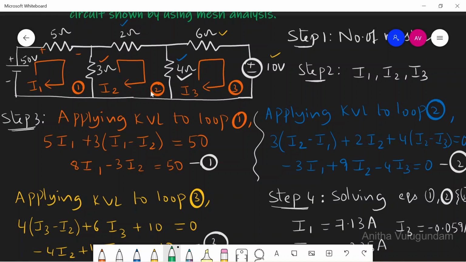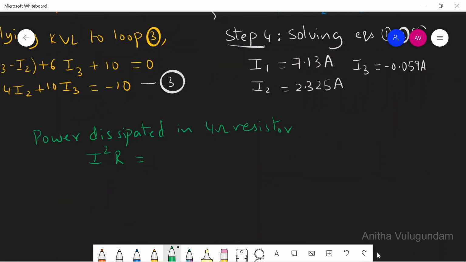If you see the figure, the current flowing in the 4 ohm resistor is I2 and I3. So you can take either I2 minus I3 or I3 minus I2, because we are going to use the square here. So I will take this as (I2 minus I3) whole square into R.